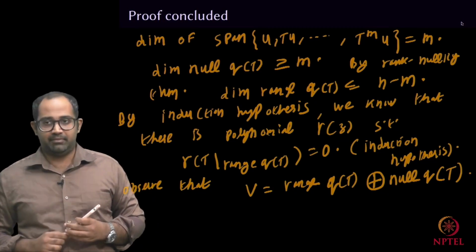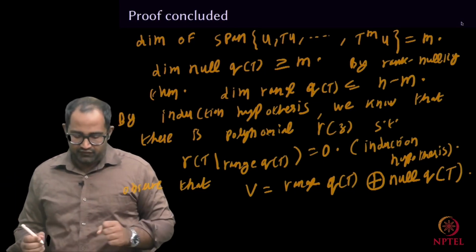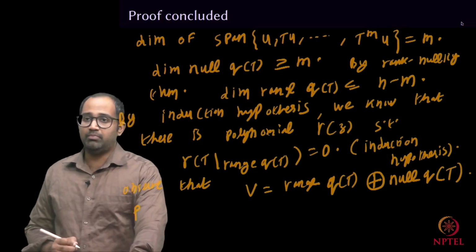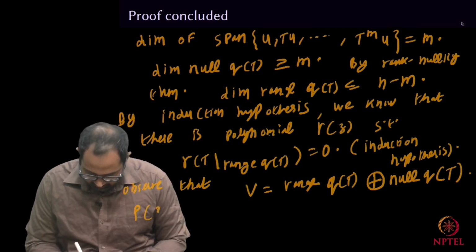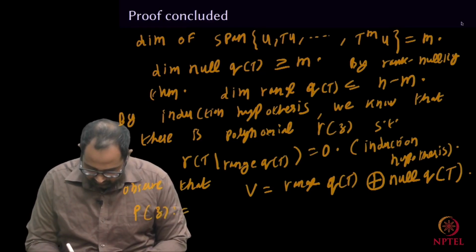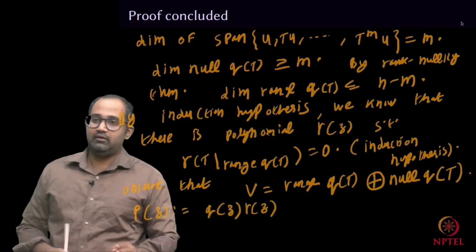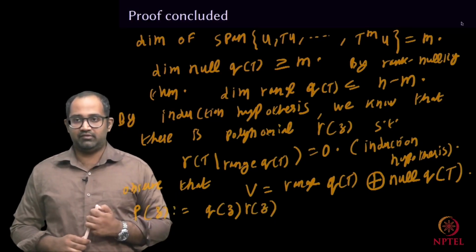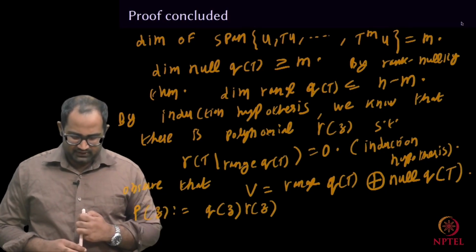How does this help? Well, let's think about this. If you look at the new polynomial, which is P of z, defined to be Q of z times R of z, in fact, I don't even think I need the fact.